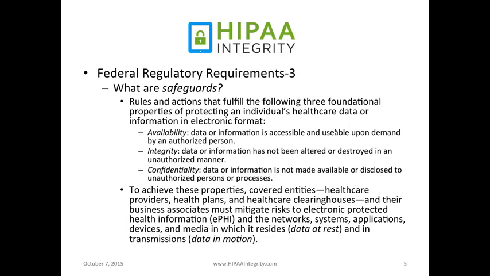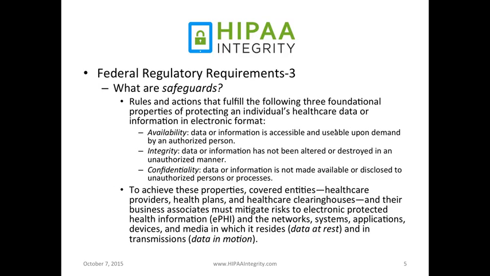Safeguards are nothing more than rules and actions that fulfill three foundational properties: protecting healthcare data and information related to it in an electronic format. First is availability. The information is accessible and useful upon demand by an authorized person. For example, a physician can get your medical record at any time. Integrity.